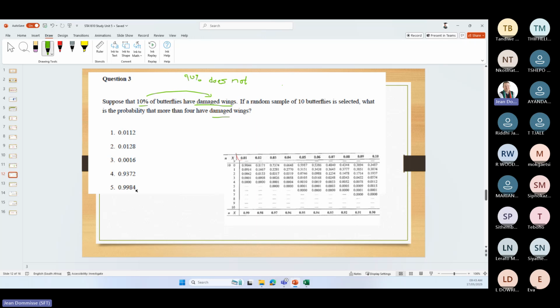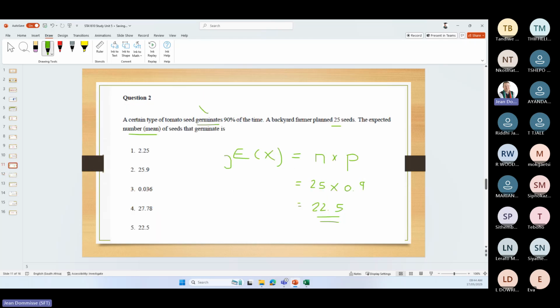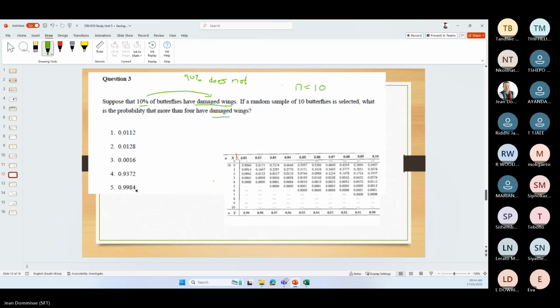Okay, so sometimes they do that. So just be very careful again when you guys answer some of these questions. So let's look at what they are. Suppose that 10% of butterflies have damaged wings. If a random sample of n is equal to 10, so we've got the n equal to 10.